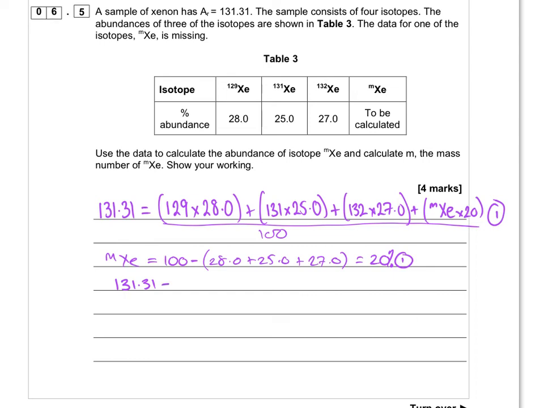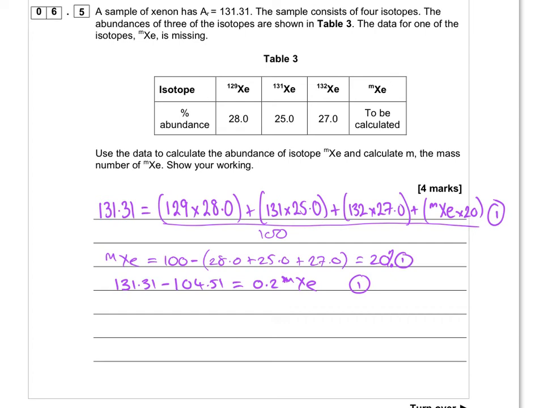So if I work all those numbers out and take them over to the other side, they become a negative, and it's 104.51, and that's going to be equal to 0.2 Xe. 0.2 because it's 20 divided by 100. We've divided everything by 100 as well. So you'd get a mark for showing you're resolving it.